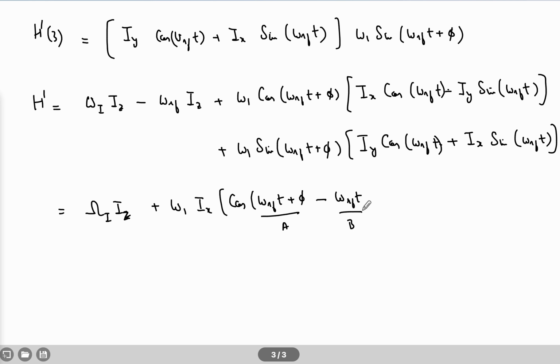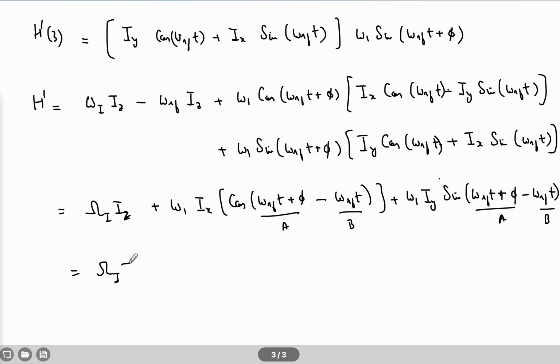This portion is B. So cos A minus B, and for Iy this will be omega 1 Iy sin A minus B, right? Because for Iy the components are sin A cos B minus cos A sin B, right? There is a negative sign over here, so that will become omega rf t plus phi minus omega rf t, right? So now this is A, this is B.